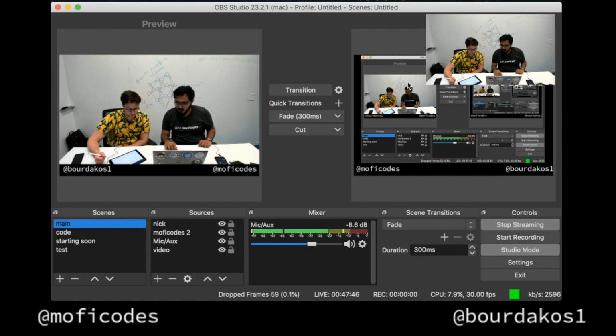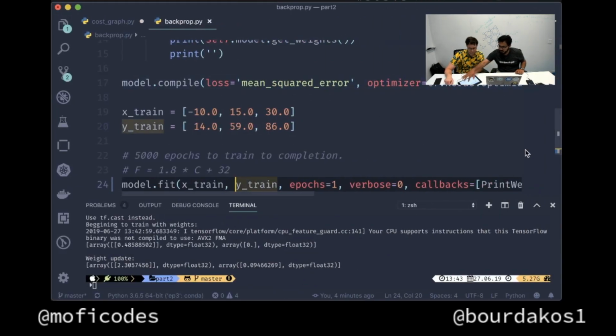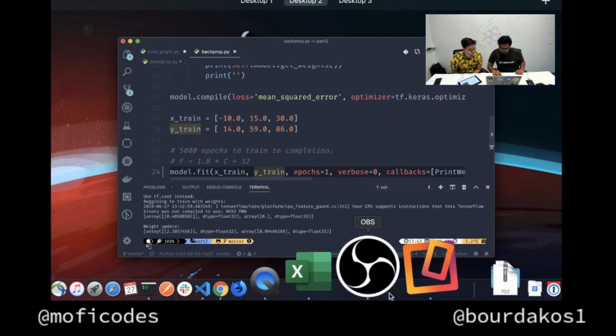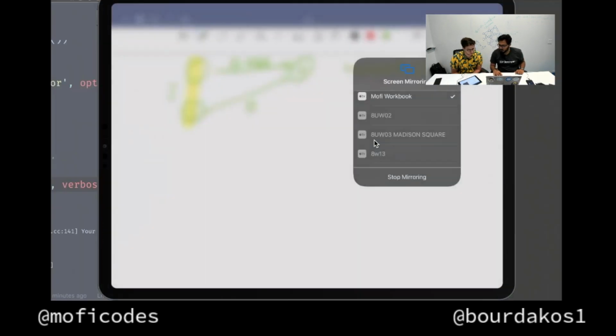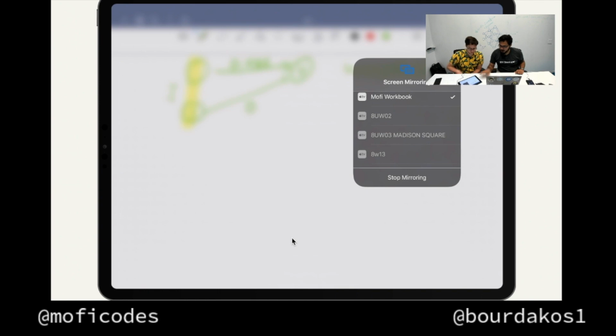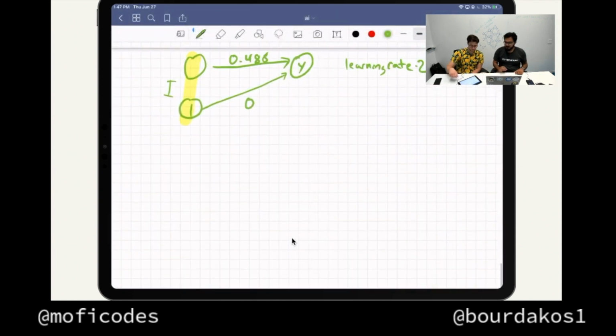Did it crash? Hold on, we can connect back. Not a big deal. Okay. Here you go. We're back. Okay, yeah. So both of these nodes are considered I.